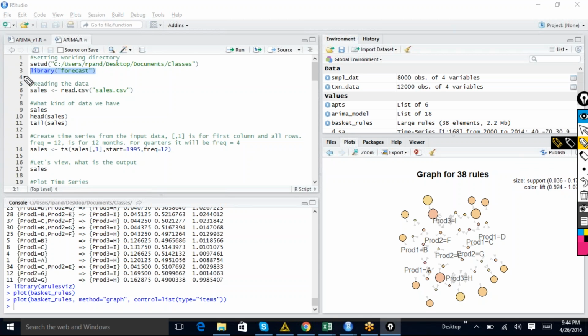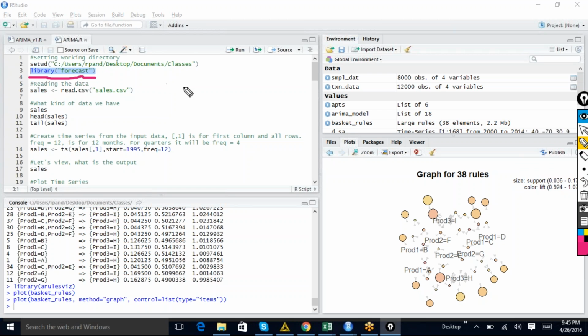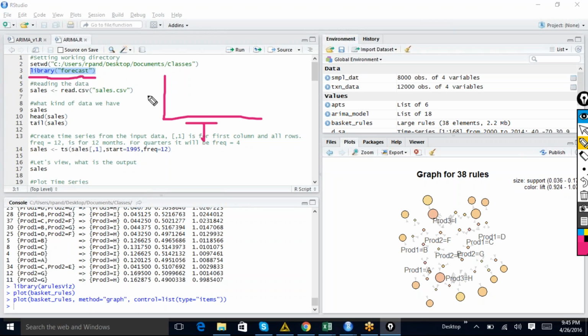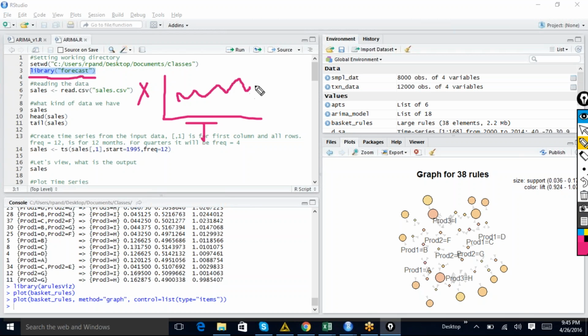So this is the package that you need to install if you want to do the forecasting in R, right? And we are working with the sales data here, and I will show how that sales data looks. Normally you do forecasting anytime when you want to see what the trend may look like, and you do forecasting on a time series. So when you have the time on the x-axis and some variable on the y-axis, and there's a certain trend happening, you would like to know what sort of trend can I expect in the future, right? So that is the basic motivation of the forecasting.